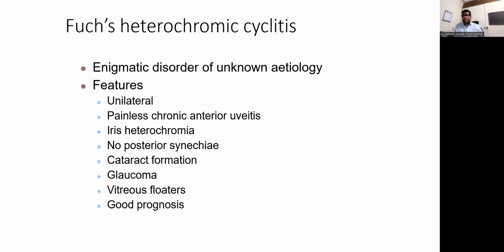But whenever this kind of patient comes to you, make sure you rule out involvement of the posterior segment also. Old chronic uveitis with fine KPs and no other specific features of active or anterior uveitis does not mean that it can't affect the posterior segment. It can lead to affection of the posterior segment also.